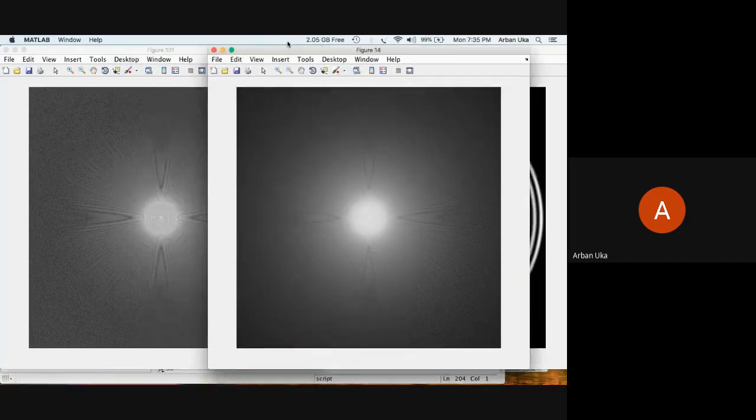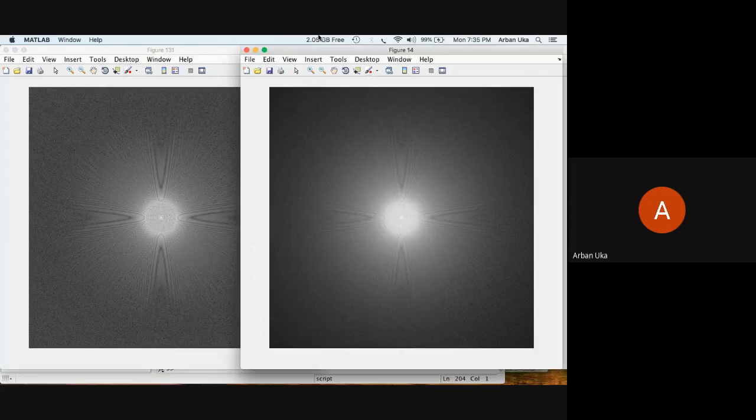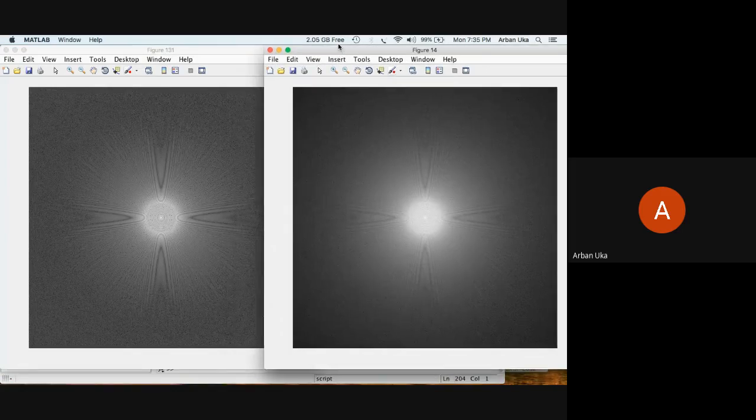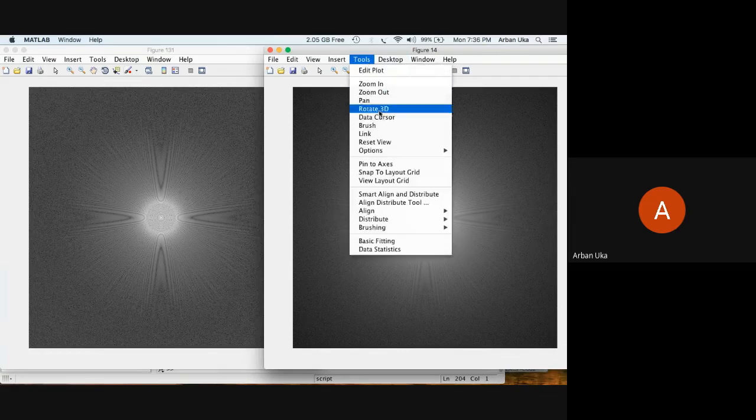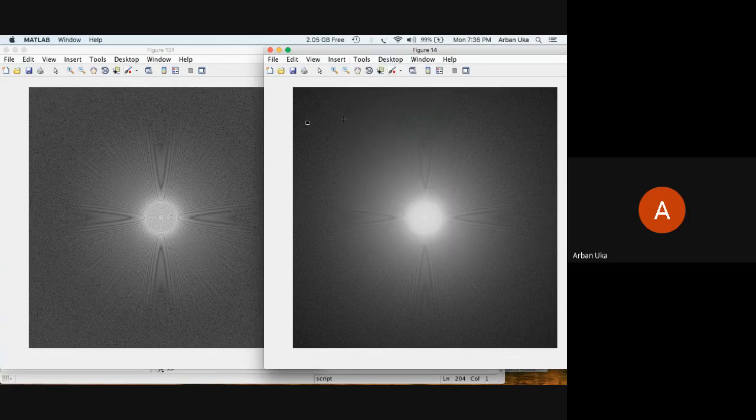so it looks like we have filtered this one, but we have filtered with a very wide filter, because we observe that there are some decreased intensities around in these edges. So let's have a look here. Data cursor. The intensity around here is around 0.15, 0.17.